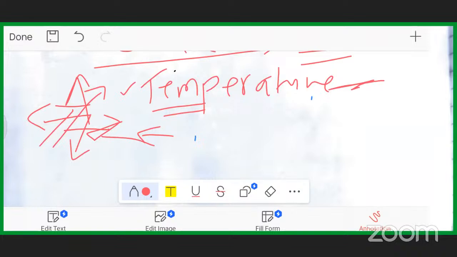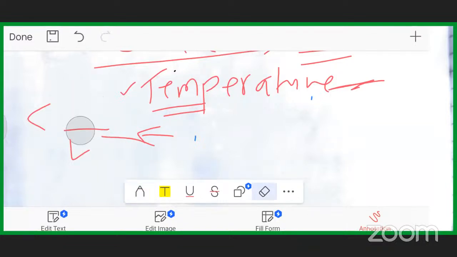And that only applies for metallic conductors. For things like semiconductors, when you increase the temperature, they are very happy because the electrons are now able to jump to the conduction band, and they can bring about conductivity easily. So that's how temperature affects it.